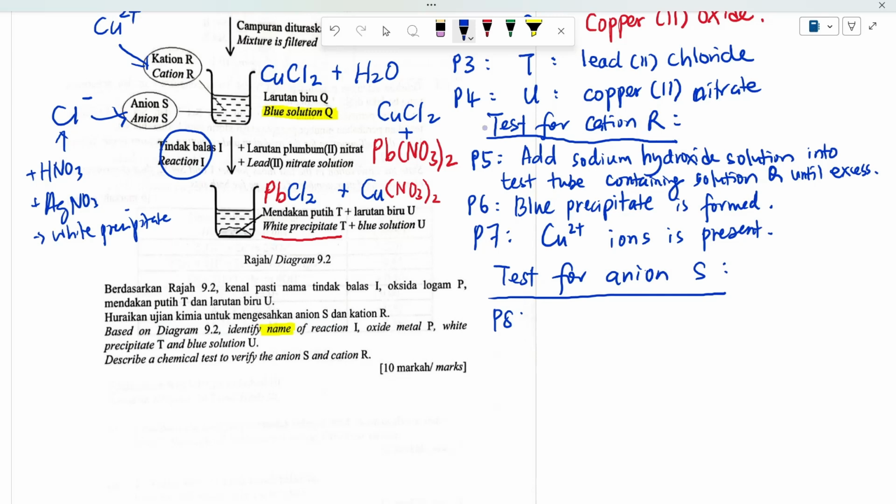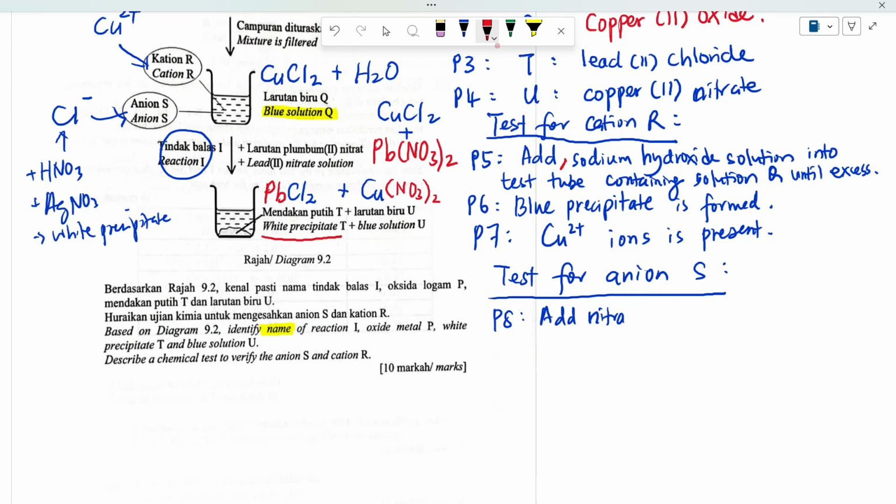Okay, so point number 8. Class, normally if we want to include the volume of all these chemicals, what volume should we use? 2, every time we use 2, standardize it.